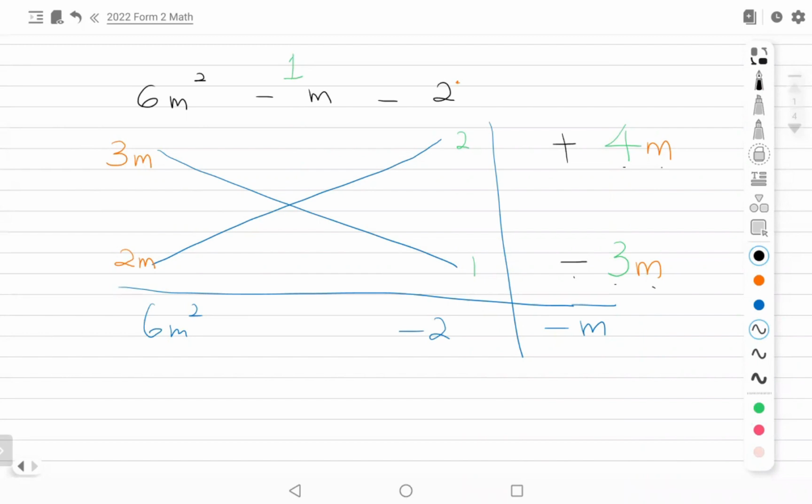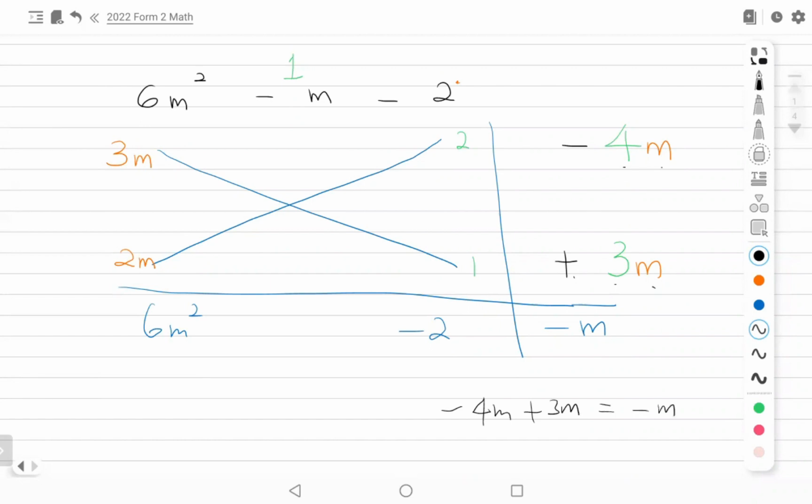So it should be flipped. Negative 4m plus 3m, then only it will become negative m.